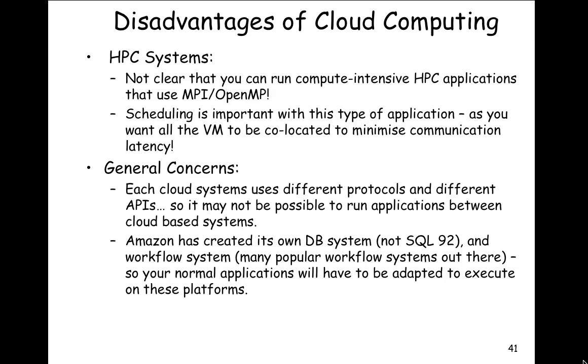Different compatibility issues might be a problem with different types of high-processing systems or environments. General concerns: using different protocols, different APIs, it might be impossible to run applications between cloud-based systems. As I mentioned before, we're probably going to narrow down to one kind of cloud that's compatible, because right now you can't communicate between different clouds and different cloud systems.